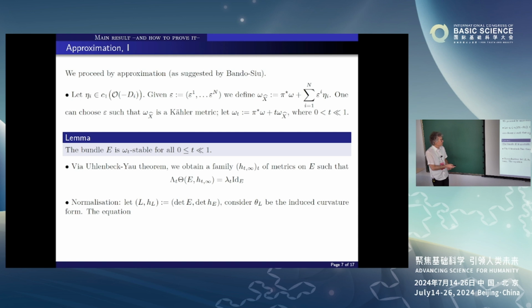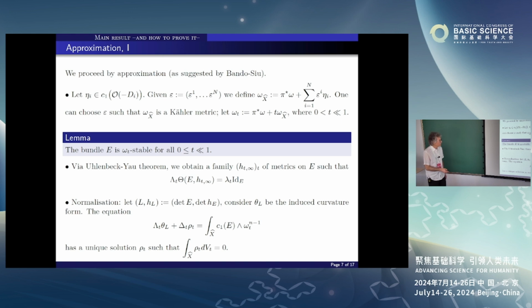Now, let's consider the determinant of E, and then theta L would be the induced curvature form. And then we can solve the following equation. The Laplacian of rho, this is our solution, plus the contraction of this curvature form is the right constant, so that the integral of this is 0.